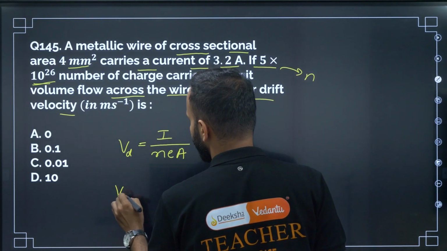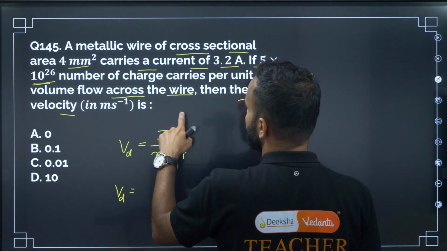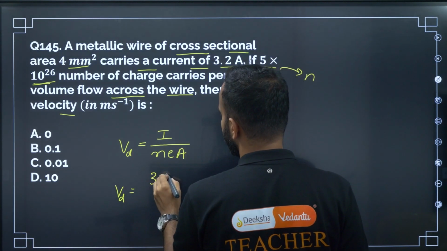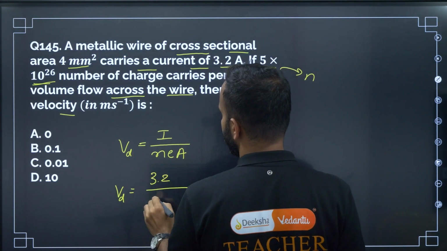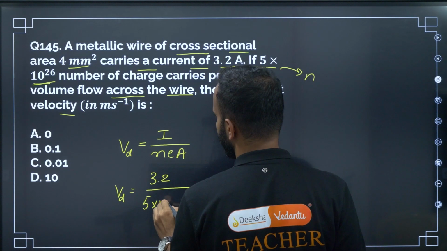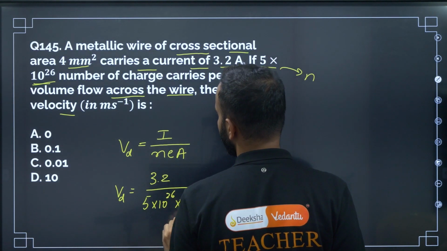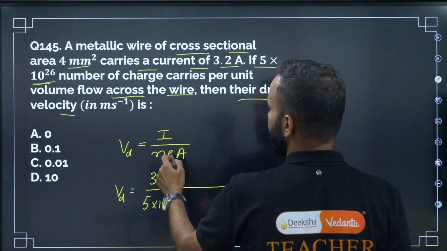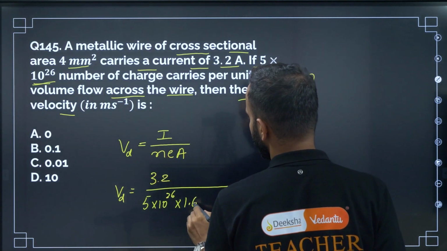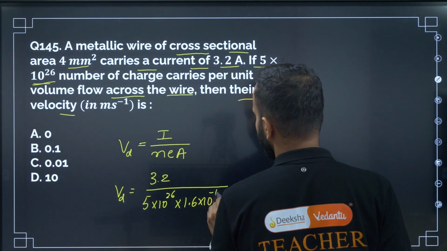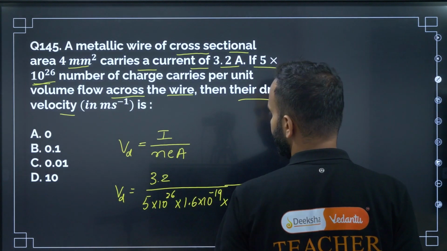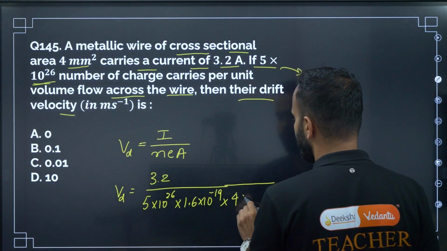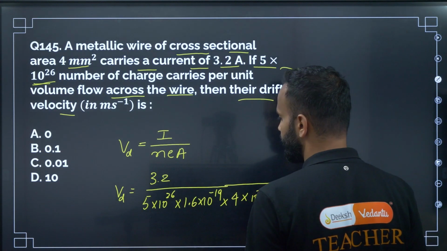So now Vd, that is drift velocity, is equal to I, current in the wire, that is 3.2, divided by N is 5 into 10 to the power 26 into E, the charge of the electron, 1.6 into 10 to the power minus 19 coulomb, into A is 4 millimeter square, that is 4 into 10 to the power minus 6 meter squared.